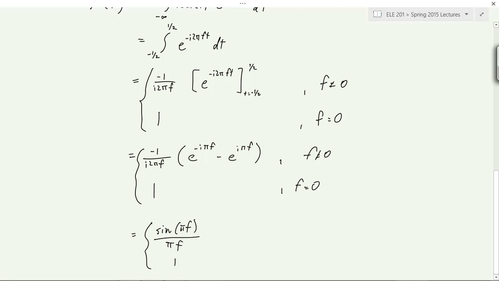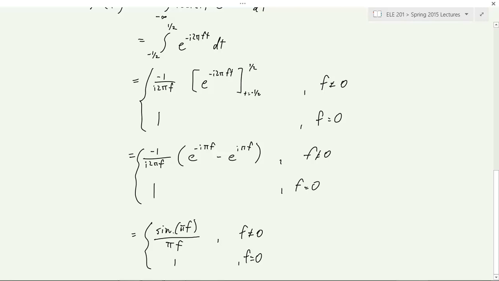Now, one thing to notice here is that conveniently, this function up above, true for all f not equal to 0. If you take the limit as f goes to 0, what would we get? So sine for very small values, sine of pi f is just close to pi f.